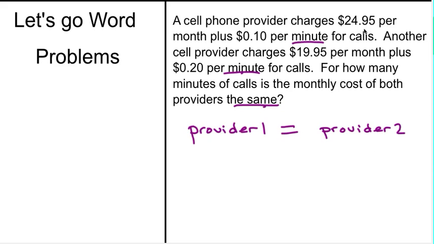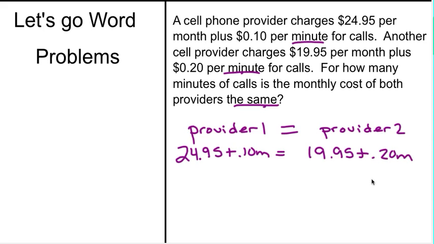So I'm going to take and solve $24.95 plus 10 cents per minute and $19.95 over here plus 20 cents per minute. And then I'm going to apply all those same steps. I want to solve for the minutes, so I want to get them together.